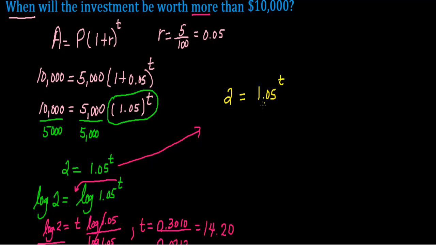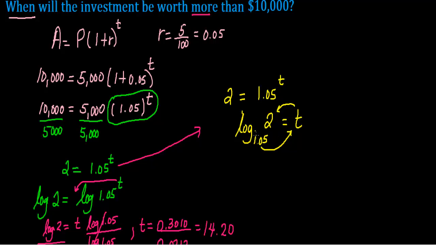So 1.05 becomes the base of your log, and it's being raised to the T power, so this equals T, and that will equal 2. And you can check 1.05 raised to the T power is equal to 2. You can do this just to make sure that what you wrote is equivalent to the exponential form.